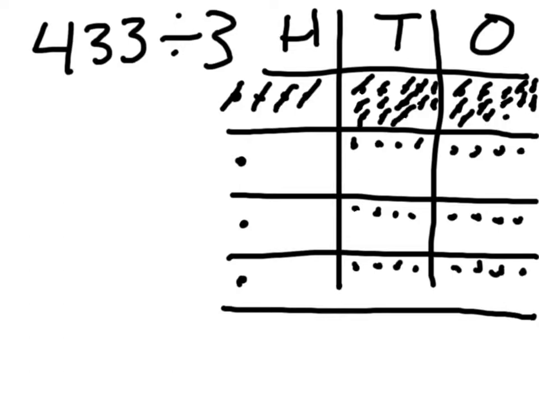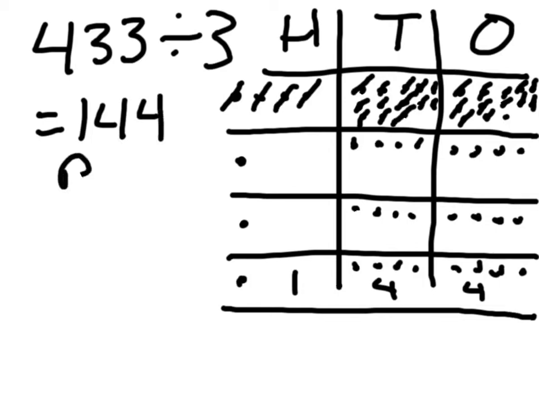We have 1 left over, our remainder. We see that each row has 100, 4 tens, and 4 ones, which we can write as 144. So our answer is 144 with a remainder of 1.